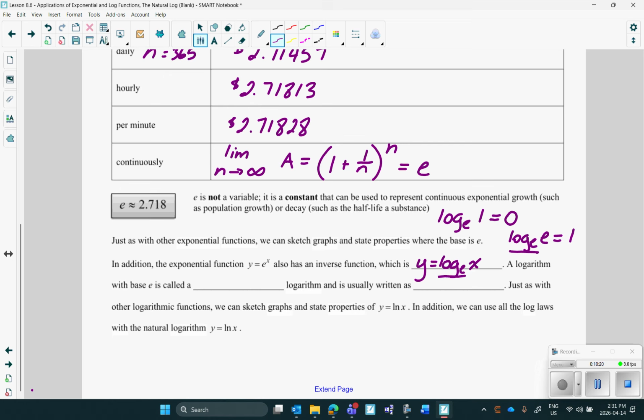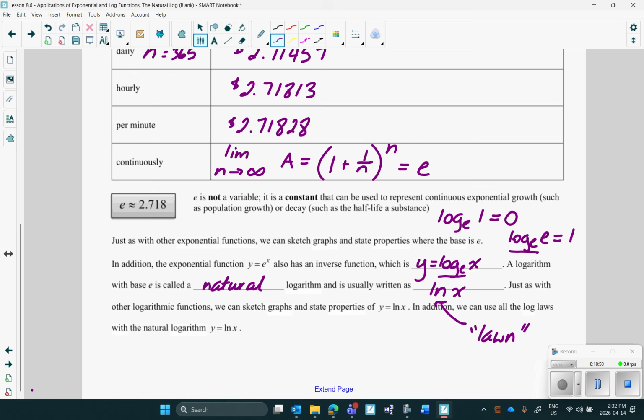we call it a natural logarithm. And we write it like this, ln x. And ln is pronounced ln. And if you look on your calculator, you've got a ln button.